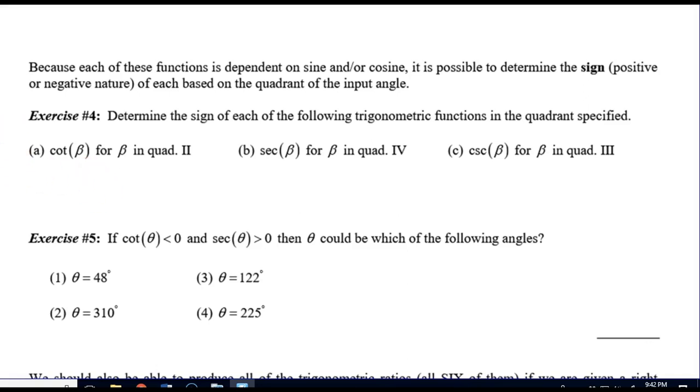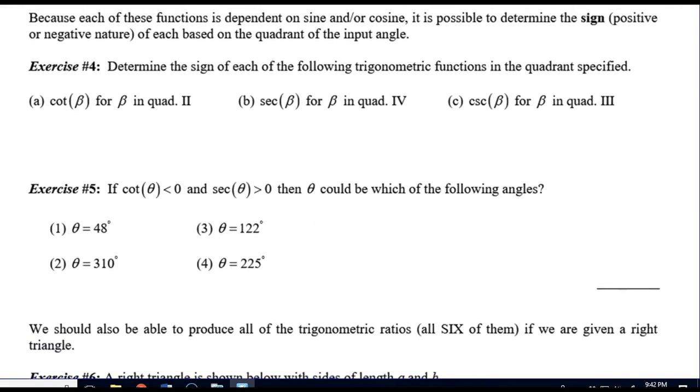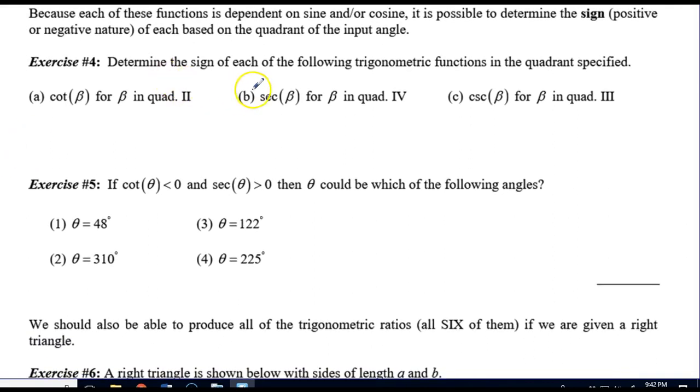Okay. This next section we're going to talk about is what quadrant the function is positive or negative. So keep in mind, cotangent is the reciprocal of tangent. So cotangent is going to have the same positivity or negativity as tangent. So in quadrant 2, all students take calculus.